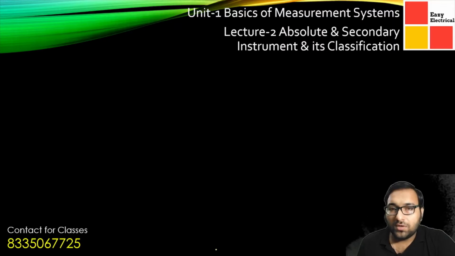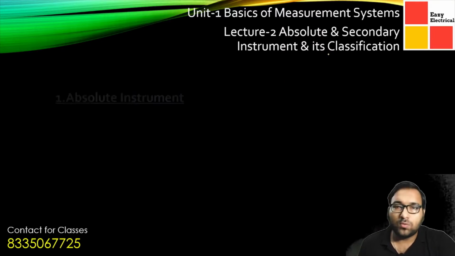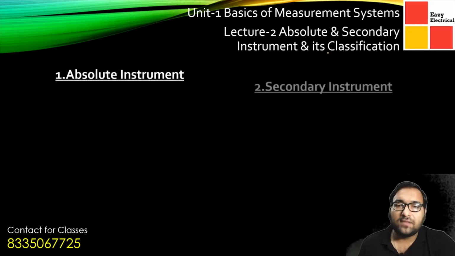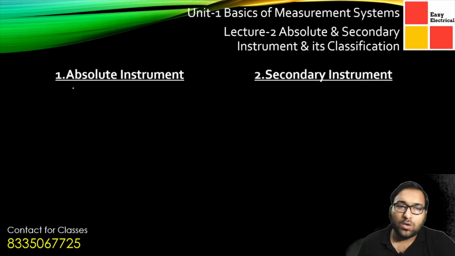Now coming to today's topic, that is absolute and secondary instruments and their classifications. Basically we classify instruments into two types. One is an absolute instrument, another is a secondary instrument. Now what is an absolute instrument? Absolute instruments are those instruments which are used in the laboratory and they are also called standard instruments.